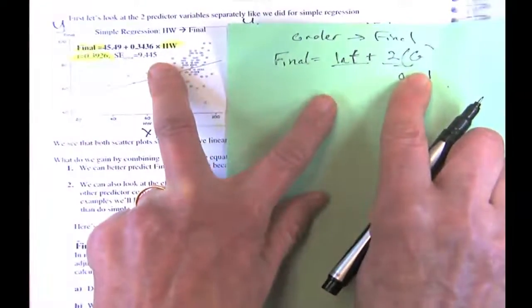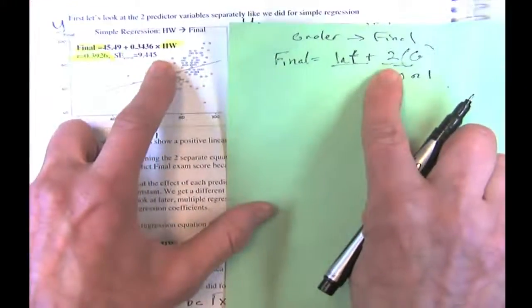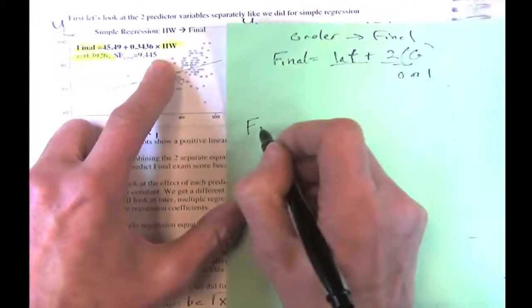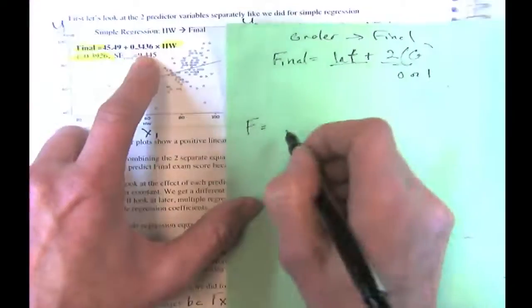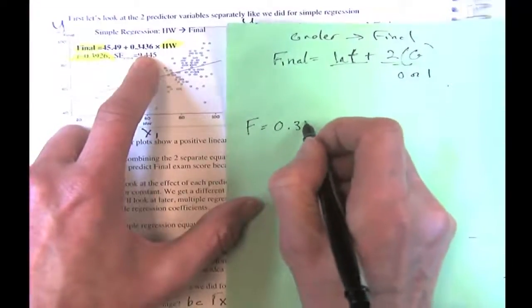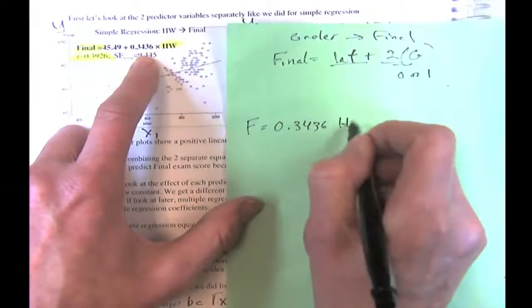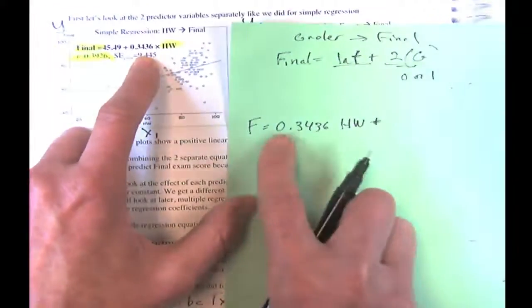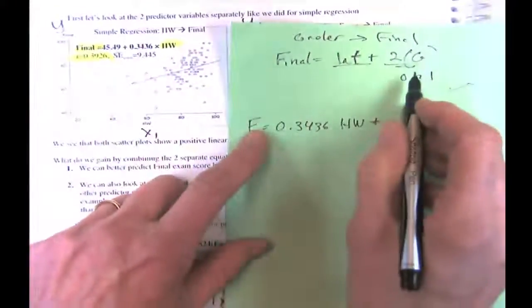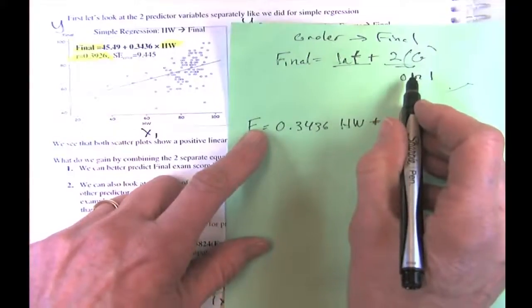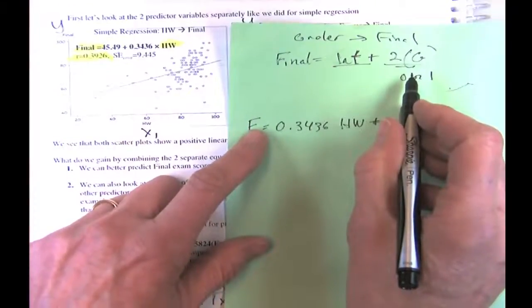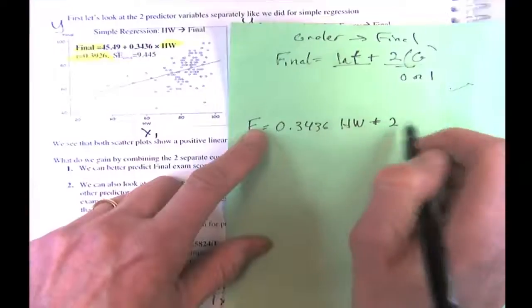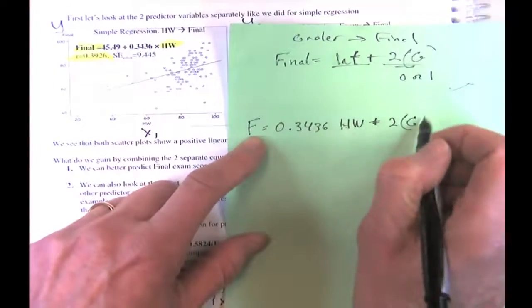Now, if you combine them into a multiple regression equation, these are completely uncorrelated. So you could just say final equals this, 3.436 times homework, plus, depending on whether you happen, just by the luck of the draw, to get the easy grader, 2 extra points for the grader, 0 or 1.